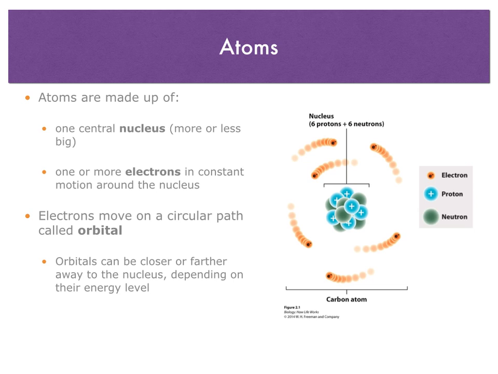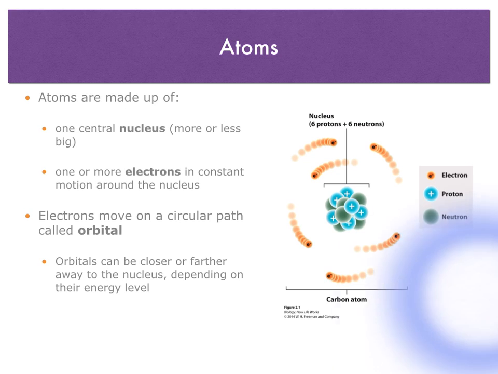Now, orbitals can be located close to the nucleus for electrons which have a relatively small amount of energy, or they can be located further away from the nucleus if the electrons circulating on these paths have a higher level of energy.